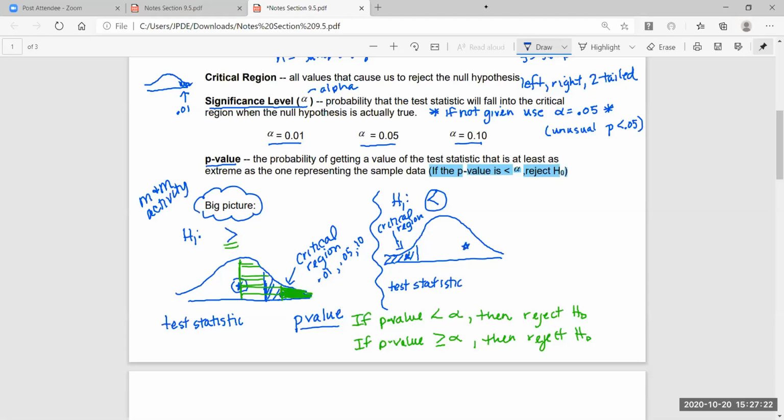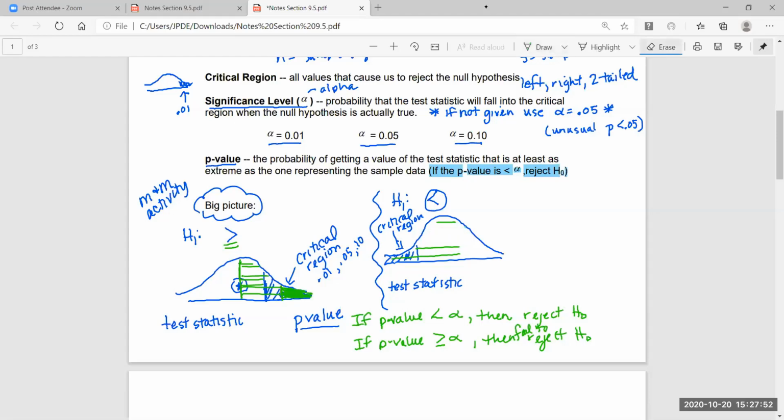And your test statistic could end up in the critical region or not. Let's say it's in here. We don't know which one it is. So when we get our p-value, if it's out here, your p-value will be greater than the critical region. That area is bigger. Area is the probability. And we would fail to reject H0.